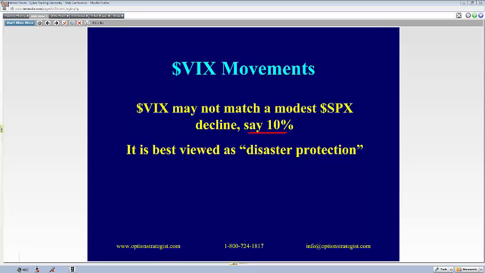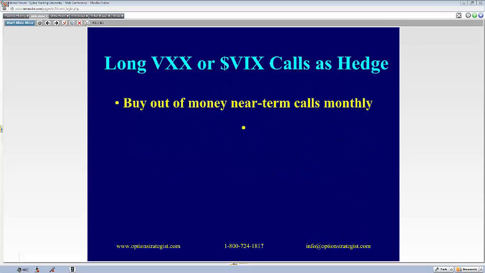If you can't stand a 10% decline, then perhaps something else is better for you, like bonds. Any portfolio of stocks can go down 10% and recover pretty quickly. But to lose 40% or something in a matter of days, that's a lot harder to get back. So that's what you want to protect against, in my opinion, with VIX calls and options.